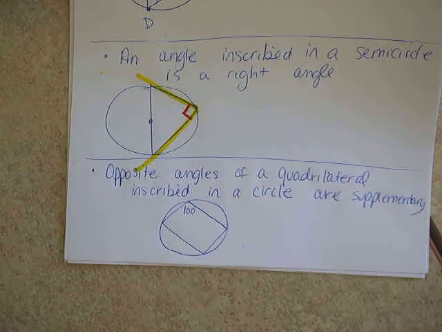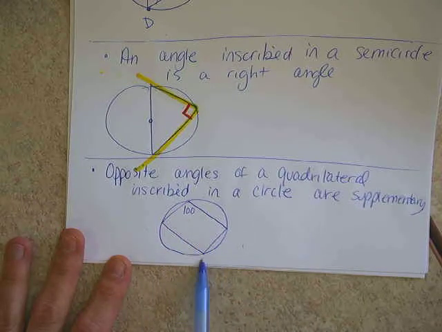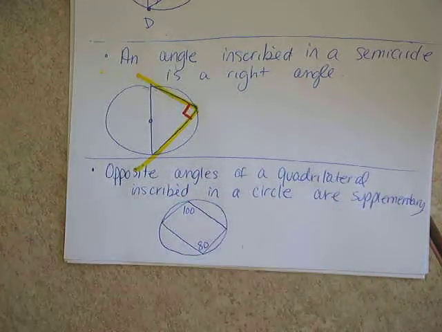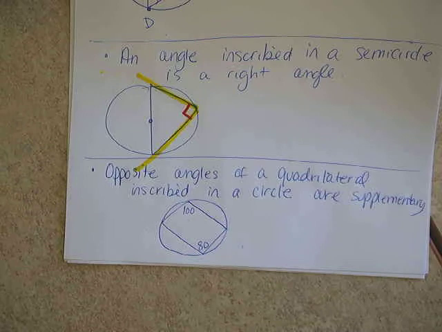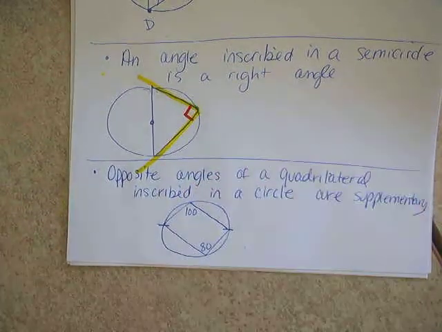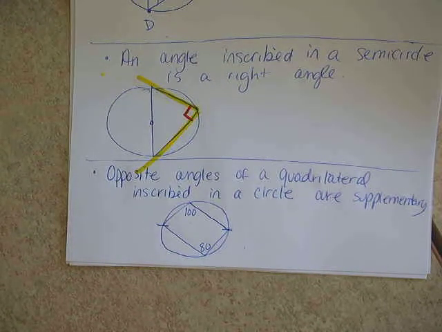So they take up all 360 degrees. So if half of that is represented with this angle, then the rest of the 180 is represented with that angle, the opposite one. So that would be 80 degrees. Okay, because they intercept at the same spot.